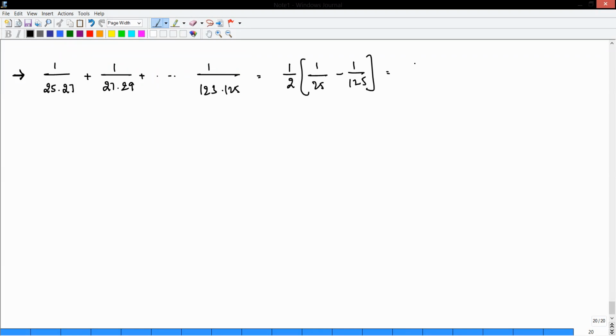Take the LCM. 5 minus 1, 4. 2 by 125 is the answer. So 1 by difference, first in first, last in last. So 1 by 25 minus 1 by 125.